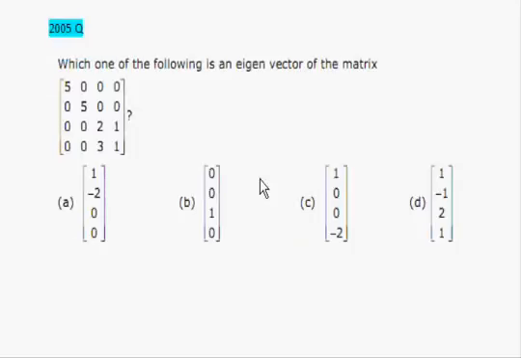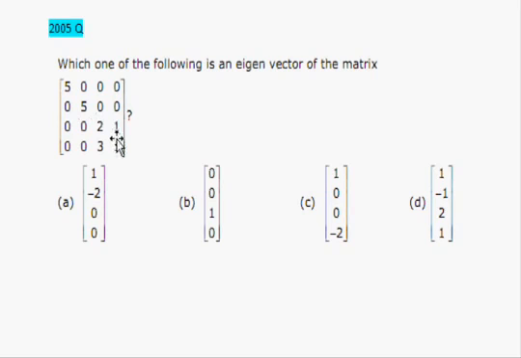This is the 2005 question. Which one of the following is an eigenvector of the matrix? To find the eigenvectors, you first need to find the eigenvalues, and you can find the eigenvalues by subtracting lambda from all the diagonal elements in the determinant, and make the determinant equal to 0.